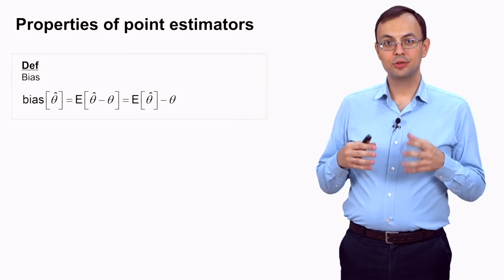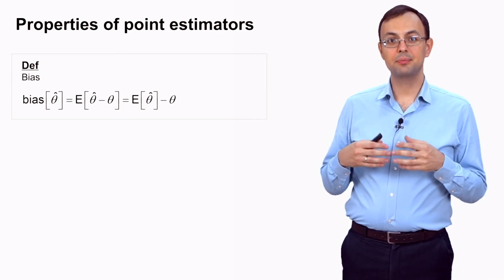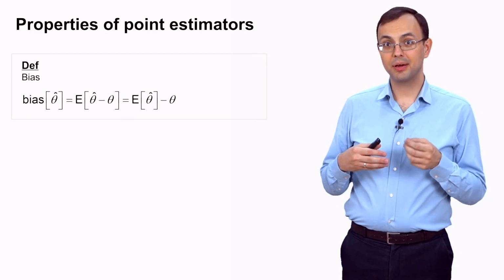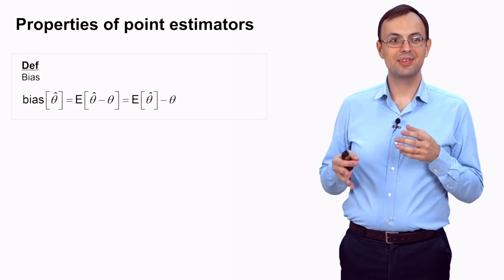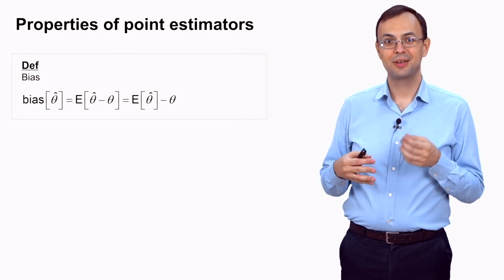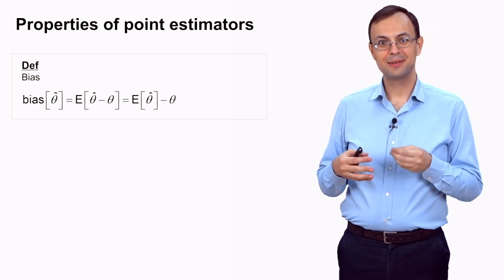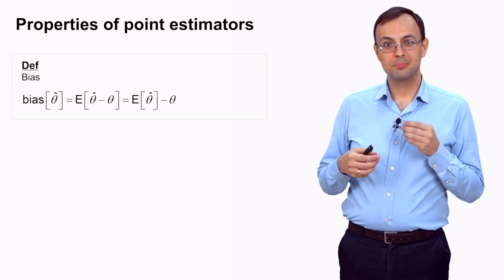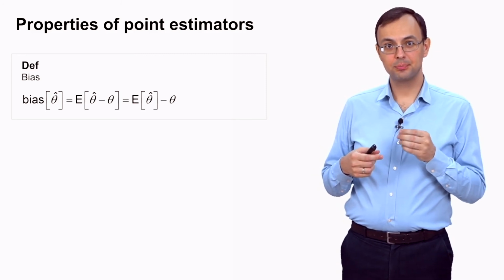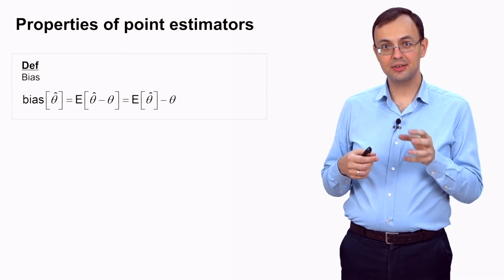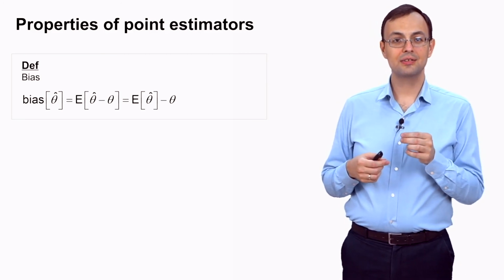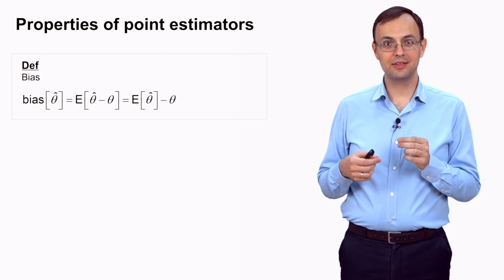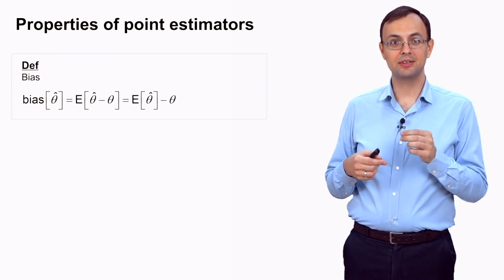I told you that an estimator can be unbiased. Unbiased means that there is no bias, so there is a thing called bias. And yes, there is. So what is a bias? Bias is the mean difference between the estimator and the parameter that is estimated. So the bias of theta hat is defined as the expected value of theta hat minus theta.